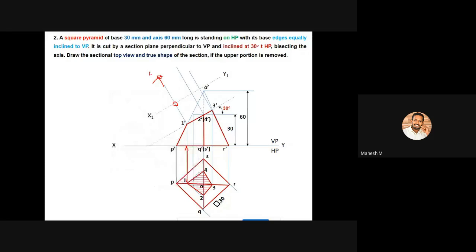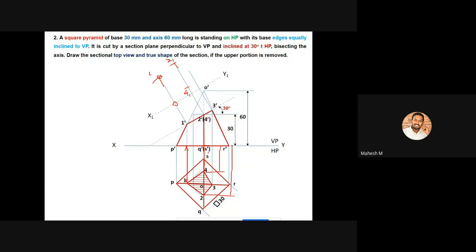Similar to that, you can measure the distance between this reference line and 4, and also between this reference line and 2. This particular distance should be measured, and also this particular distance. Then you can create 2 arcs from this same vertical line. This one can be called 4 1, and this one should be called 2 1.